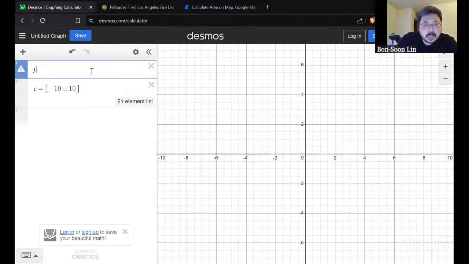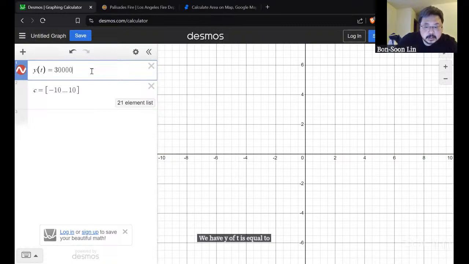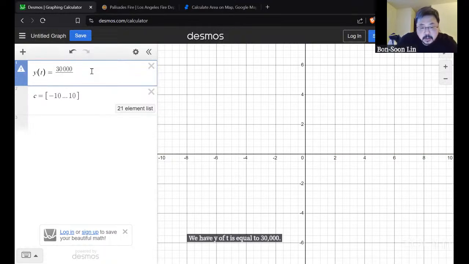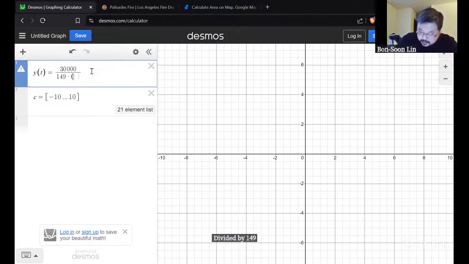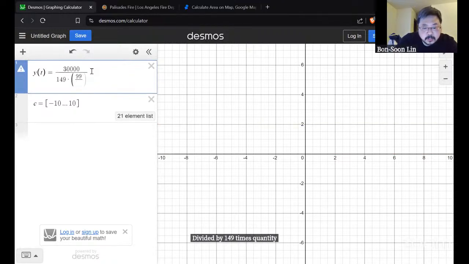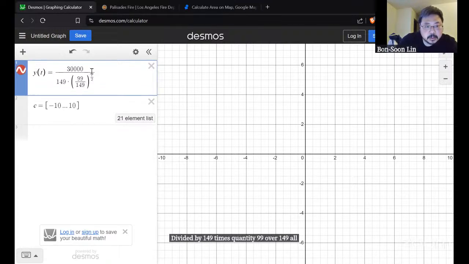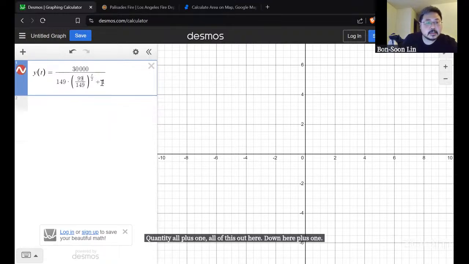We have y of t is equal to 30,000 divided by 149 times quantity 99 over 149, all raised to the t/2 power, quantity all plus 1. All of this out here, down here, plus 1. Let's plot this.